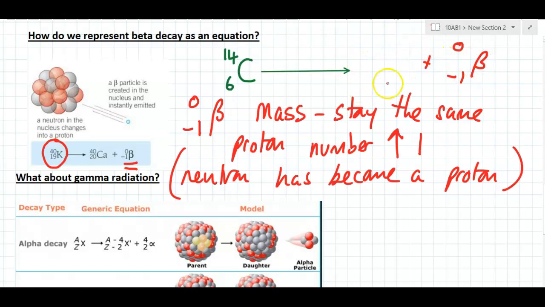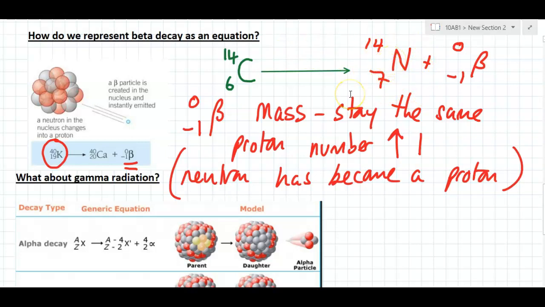The thing that it turns into is going to have 14 equals 14 plus 0, 6 equals 7 plus -1. Element number 7 is nitrogen. During the beta decay of carbon-14, atoms change into nitrogen atoms.